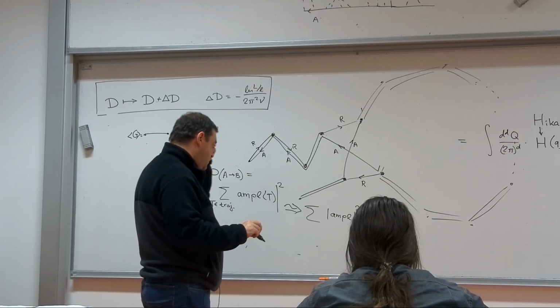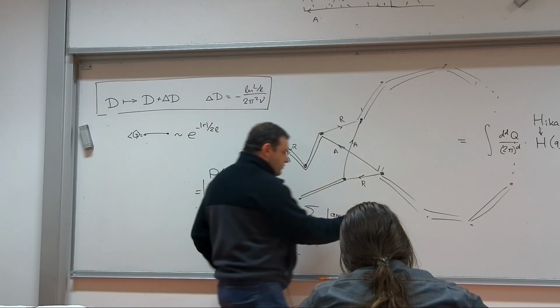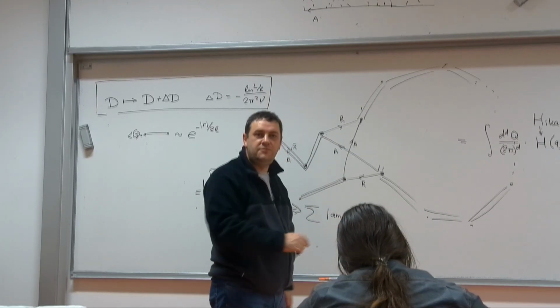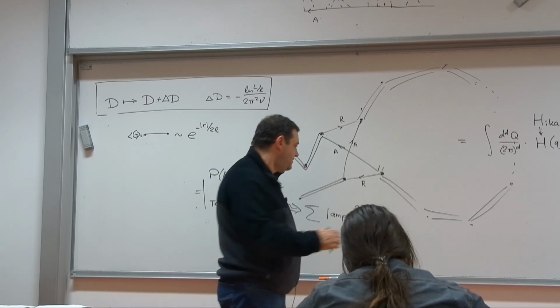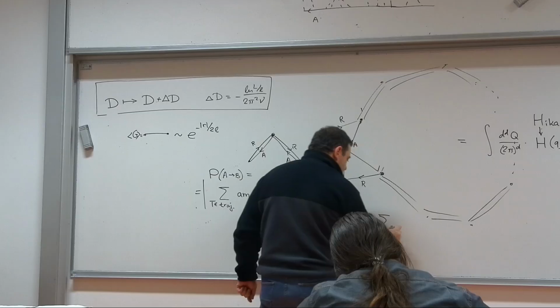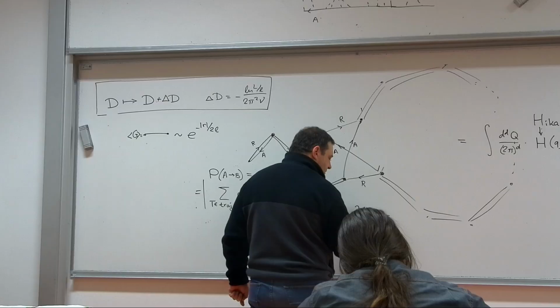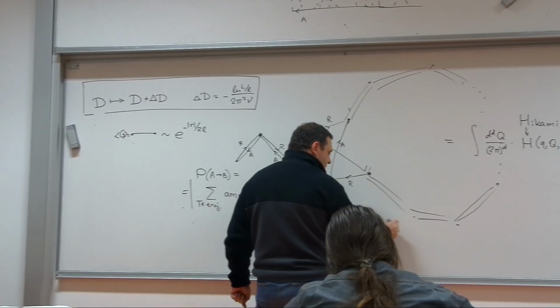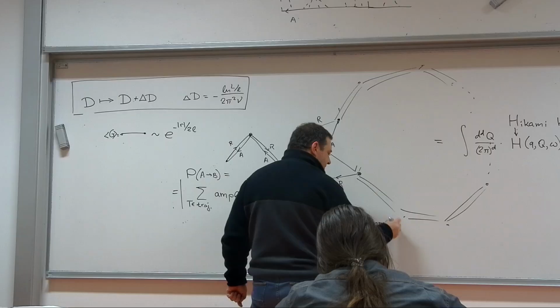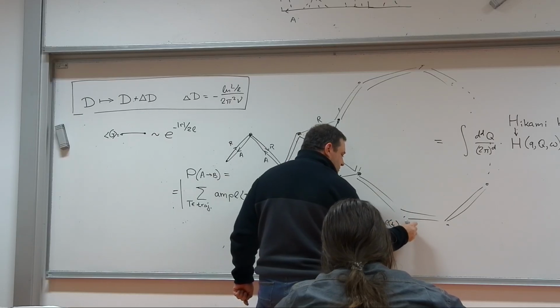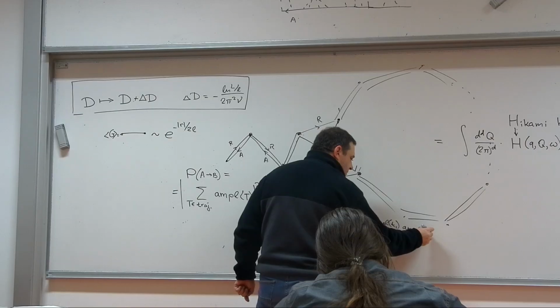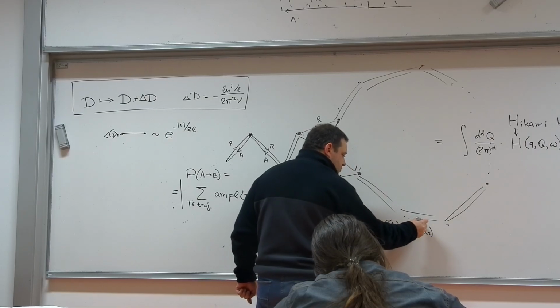And the quantum correction is then everything that you're missing from this. It's the sum over two trajectories, T1 and T2, with the amplitude of T1 times the complex conjugate of the amplitude of T2.